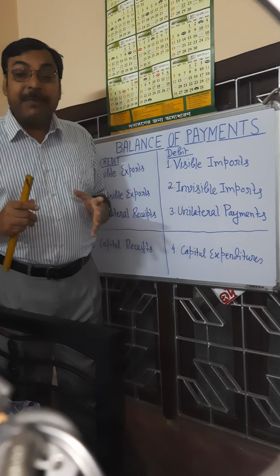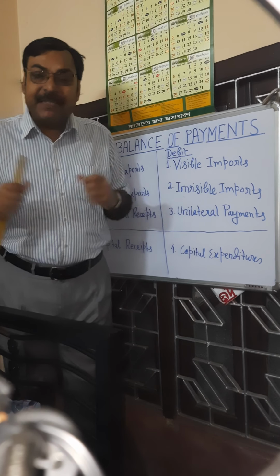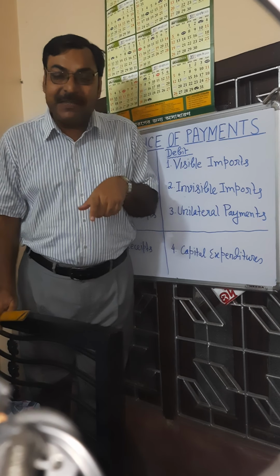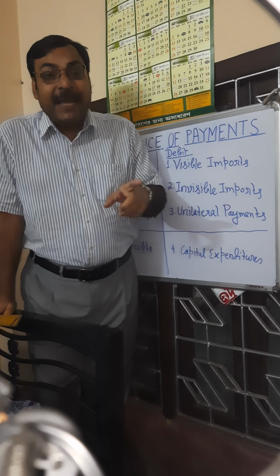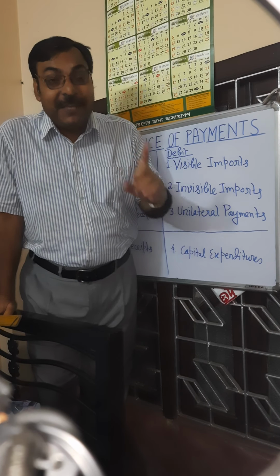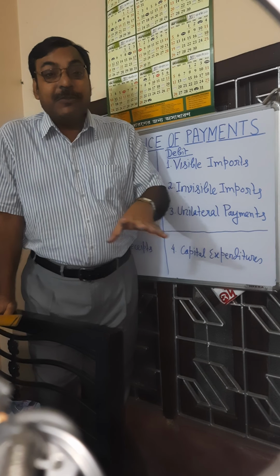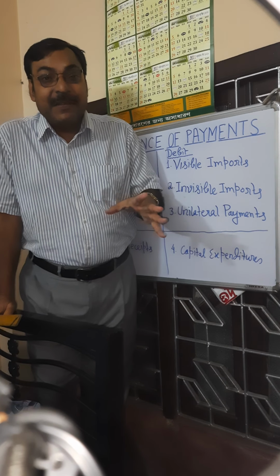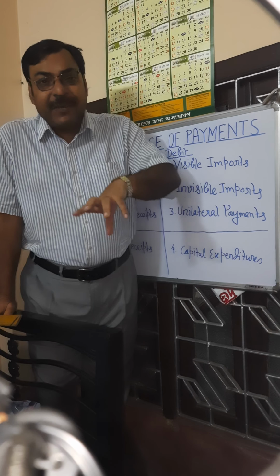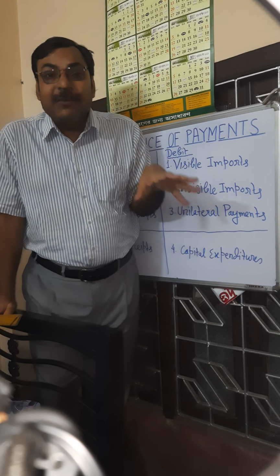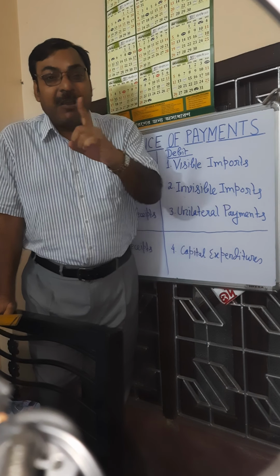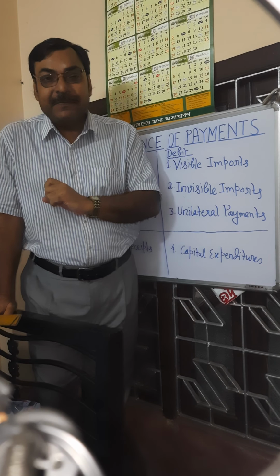So balance of payment is also comprehensive in nature. Comprehensive means it comprises visible items, invisible items, and also capital transfers. Different types and categories of items are included here.